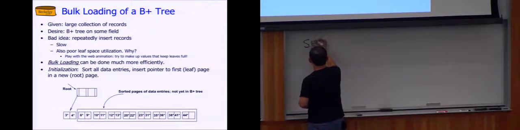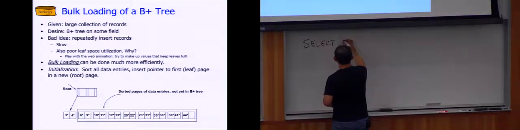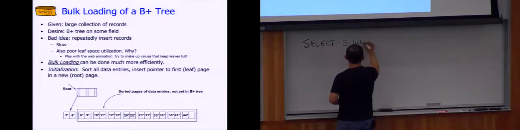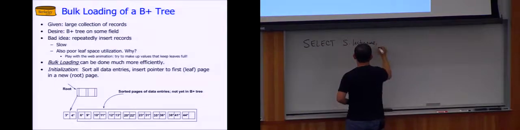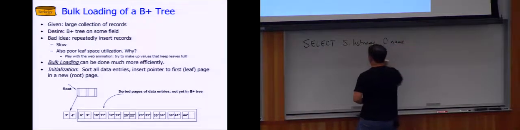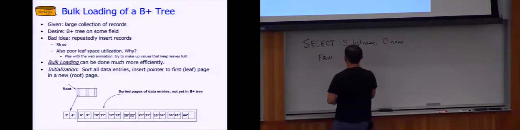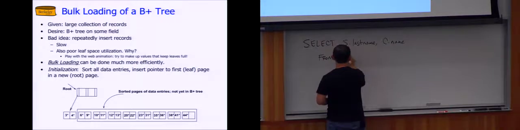Here's our query. Select student dot last name, comma, course dot name from, and I know we haven't learned join syntax yet in SQL, but you'll figure it out as I go here.